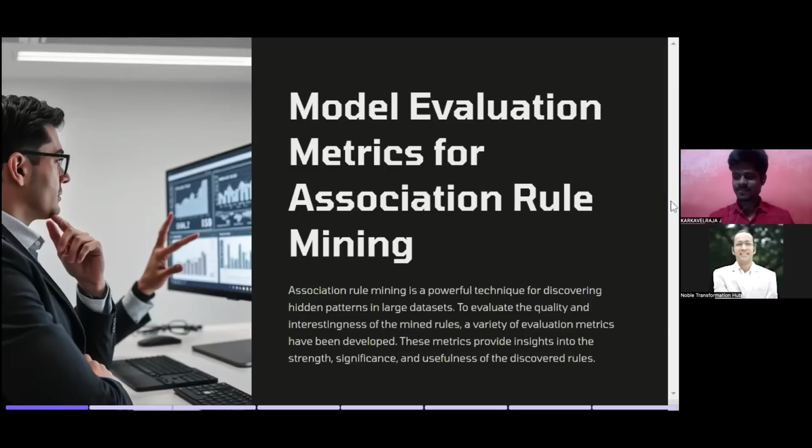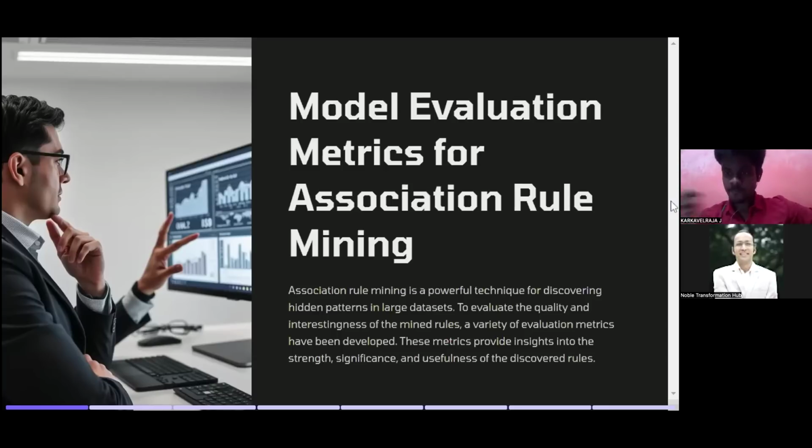Guys, we have model evaluation metrics for association rule mining. Association rule mining is a powerful technique for discovering hidden patterns in large datasets.